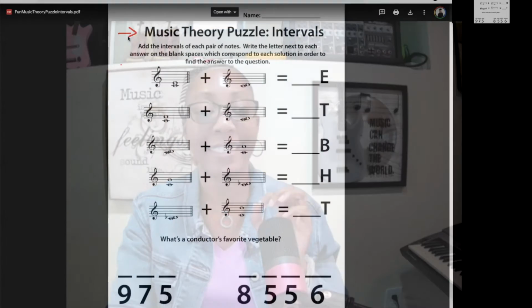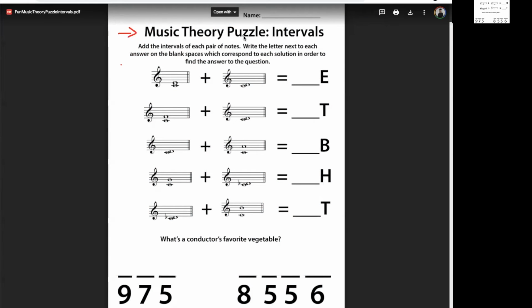So let's swing over to the homework assignment so I can help better explain. Here we have the music theory puzzle intervals, okay? And so the instructions is asking us to add the intervals of each pair of notes.